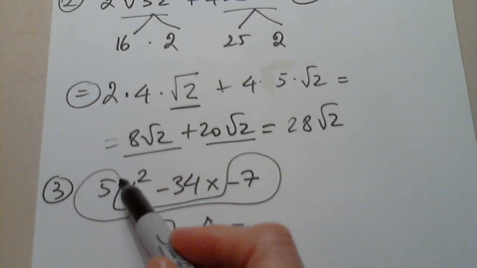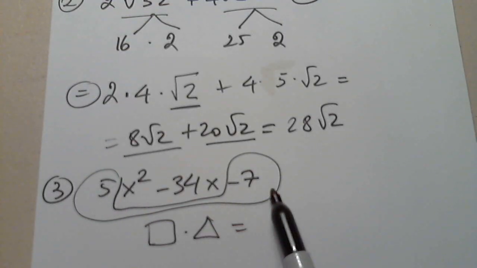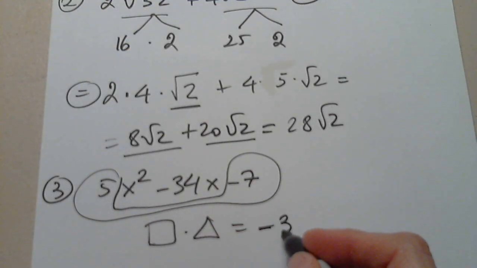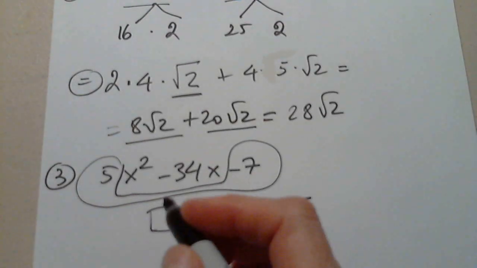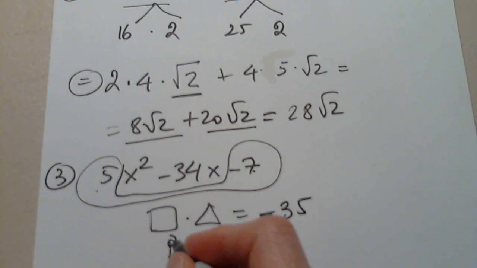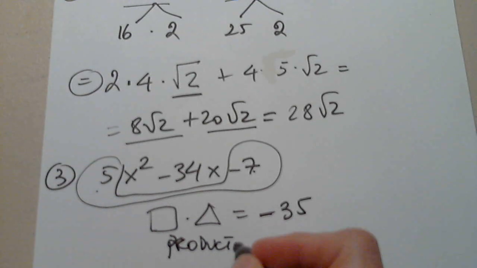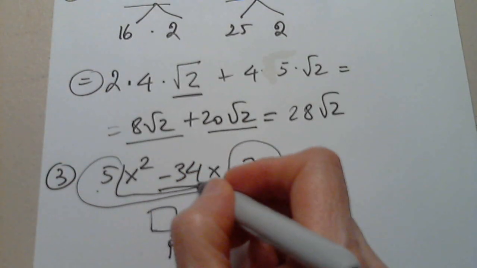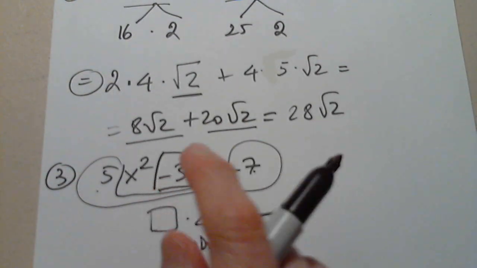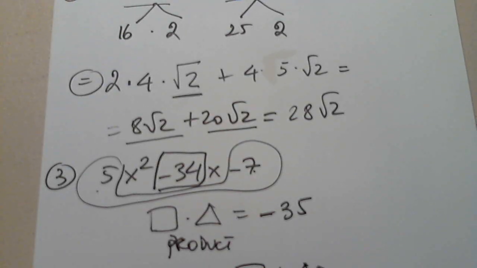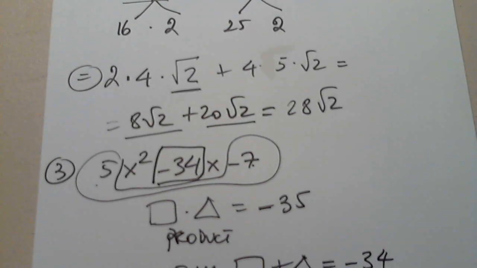So the only options we have here are these. Multiply the leading coefficient by the free term, and we get negative 35. This is the product. Now the sum is always this number with a sign in front, meaning when I add the same numbers, I get negative 34.